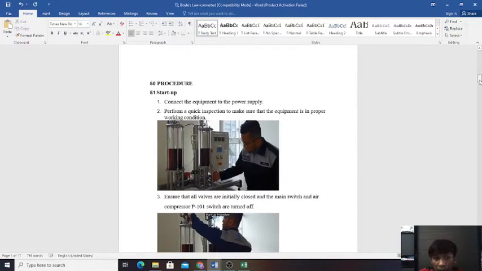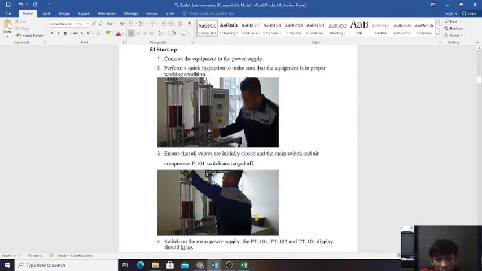Okay, the procedure. First, start up. Connect the equipment to the power supply and then perform a quick inspection to make sure that the equipment is in proper working condition. Next, ensure that all valves are initially closed and the main switch and air compressor P101 switch are turned off.